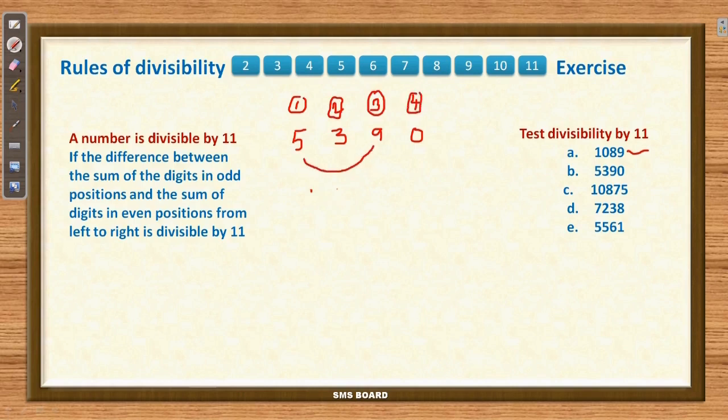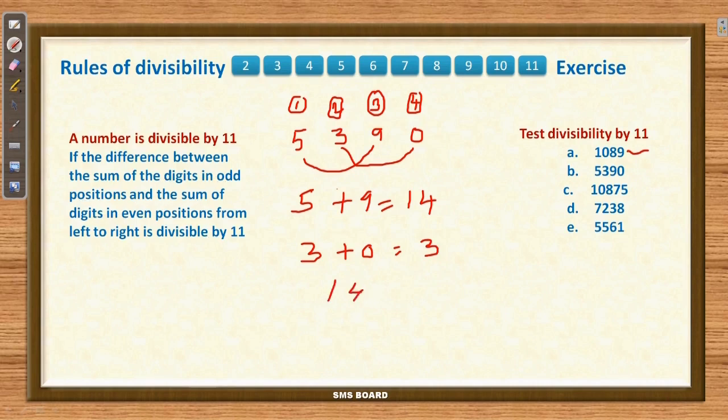Now we will take the sum of the digits in odd positions, 5 plus 9, that is equal to 14, and the sum of the digits in even positions, that is 3 plus 0, that is equal to 3. Now what is the difference between the sum of the digits in odd positions and the sum of the digits in even positions? That is 14 minus 3, that is 11. You know 11 is divisible by 11. So this number is divisible by 11.